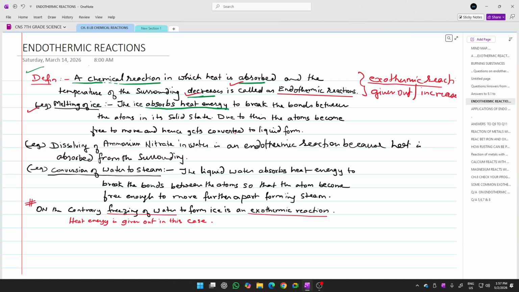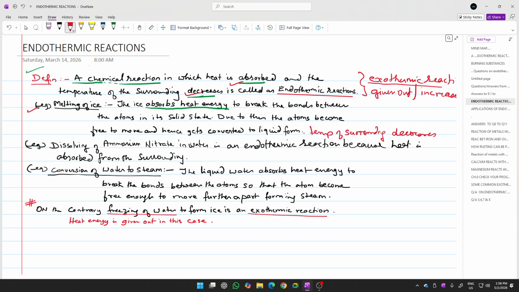One more thing I want to add here. In this process, the temperature of the surroundings decreases.